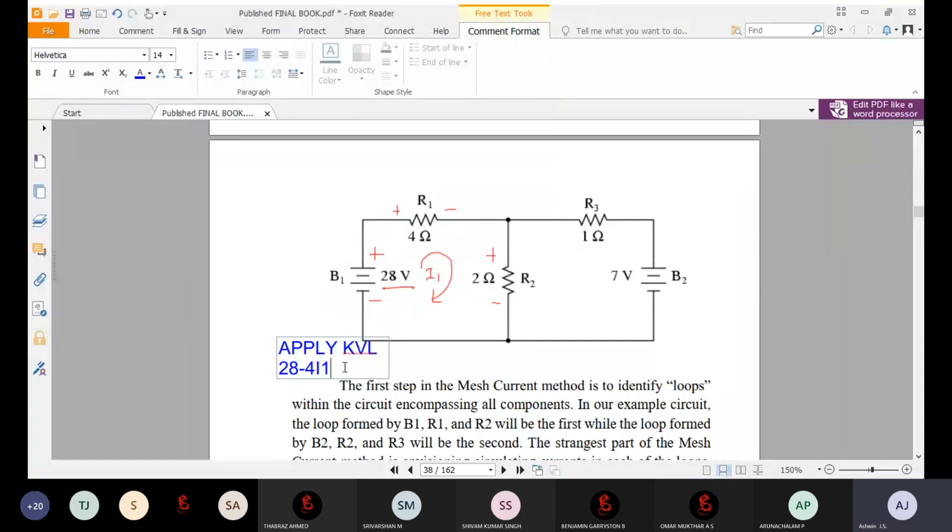Okay, and minus, I will mention in brackets, 2 into I1 minus I2. 4 into I1 minus I2. Sorry, I1, sir. 2 into I1.